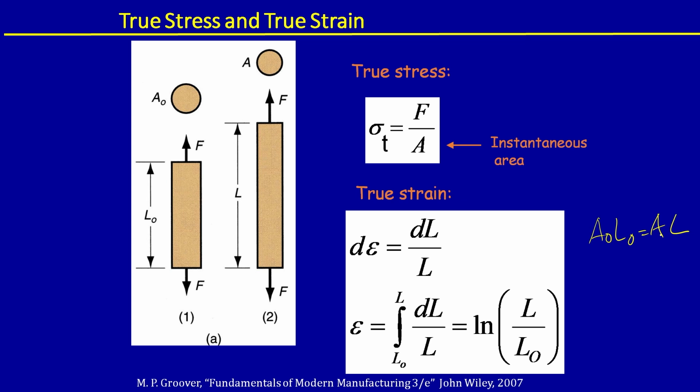True strain is basically change in length divided by the actual or instantaneous length, dL by L. Remember, engineering strain was change in length divided by the original length. Here we are changing the definition. So, total strain is the integral from L0 to L of dL by L, that is equal to log of L by L0. Am I clear?